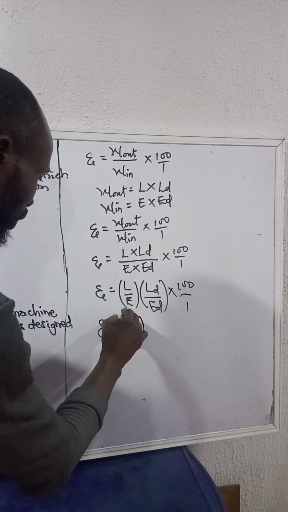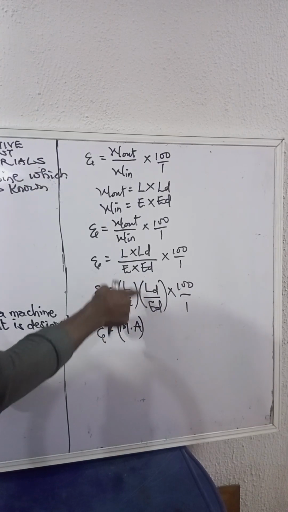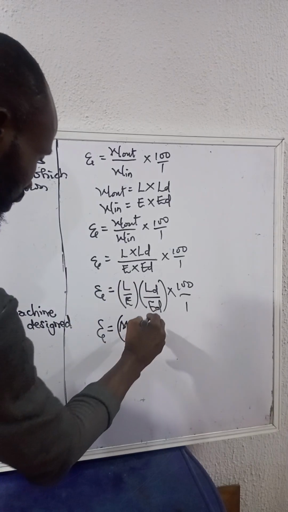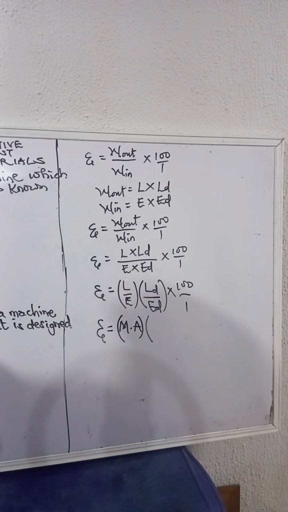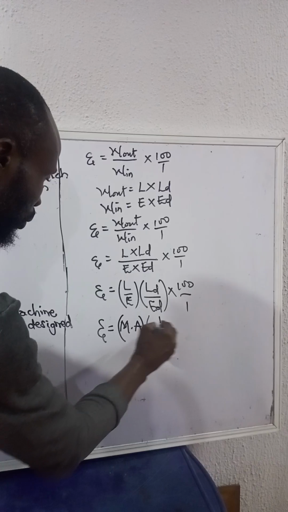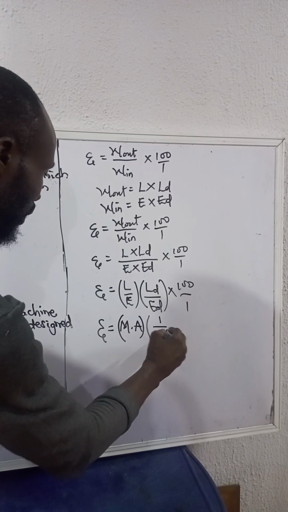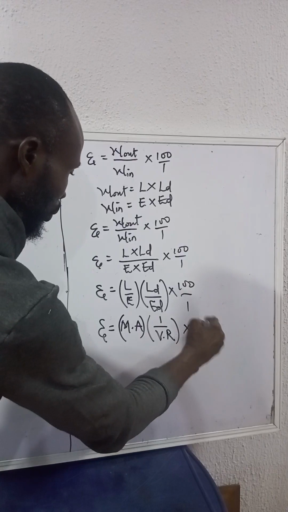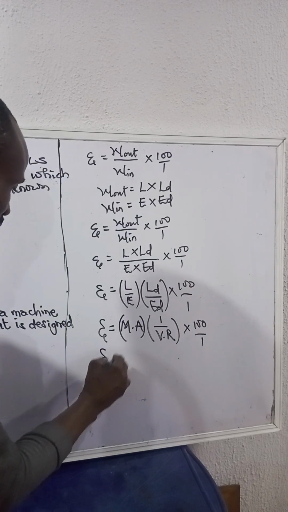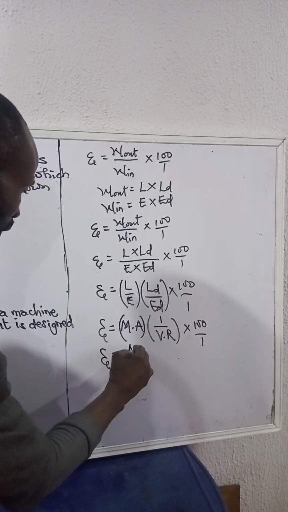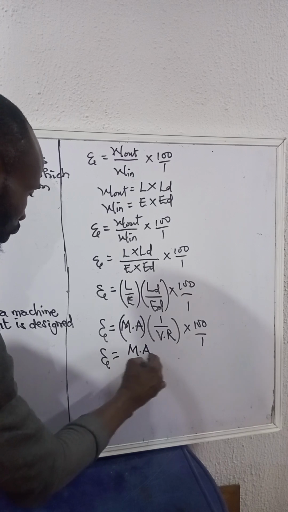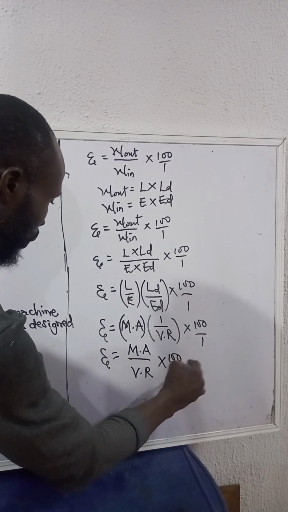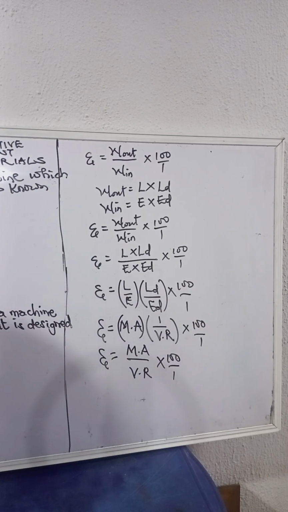This one in brackets is the what? The inverse of the velocity ratio. So to write this in terms of velocity ratio, it becomes 1 over velocity ratio, which is the inverse of velocity ratio, multiplied by 100 over 1. So efficiency is equal to mechanical advantage over velocity ratio times 100 over 1.